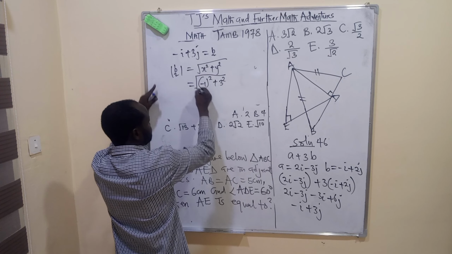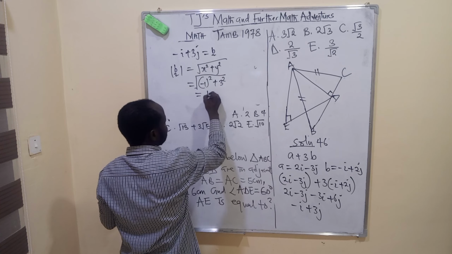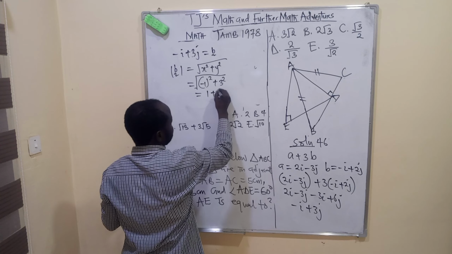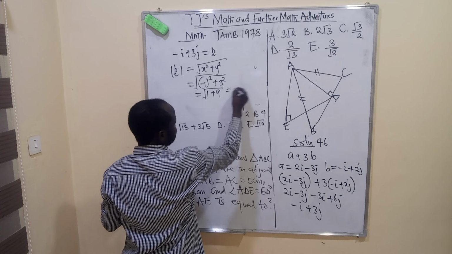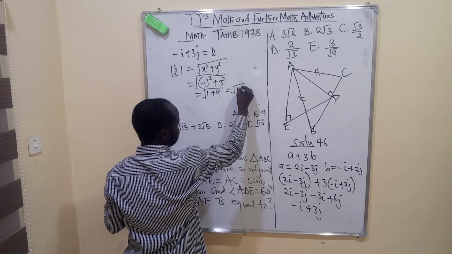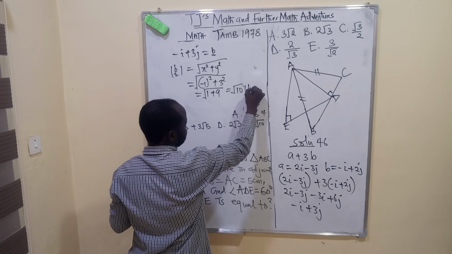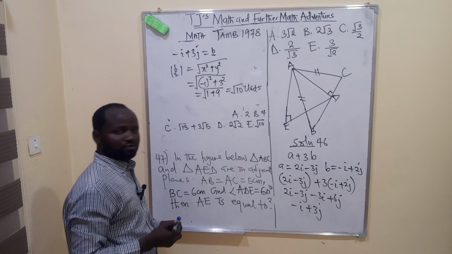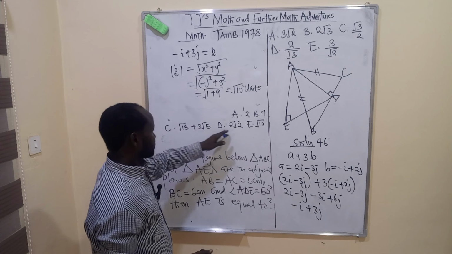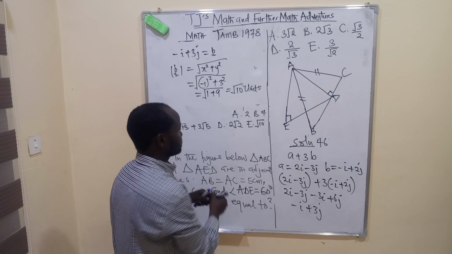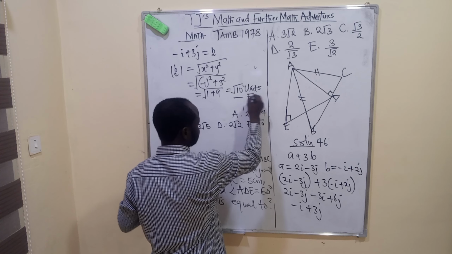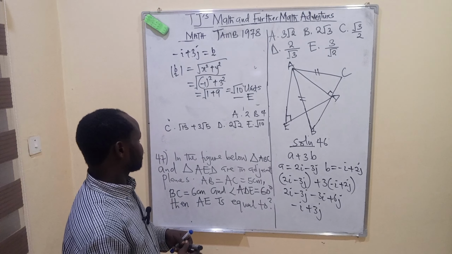We take the square root. Minus 1 squared is 1, plus 3 squared is 9. So 1 plus 9 is root 10. That will be root 10 units. The correct option here, let's check, is option E, which is root 10.